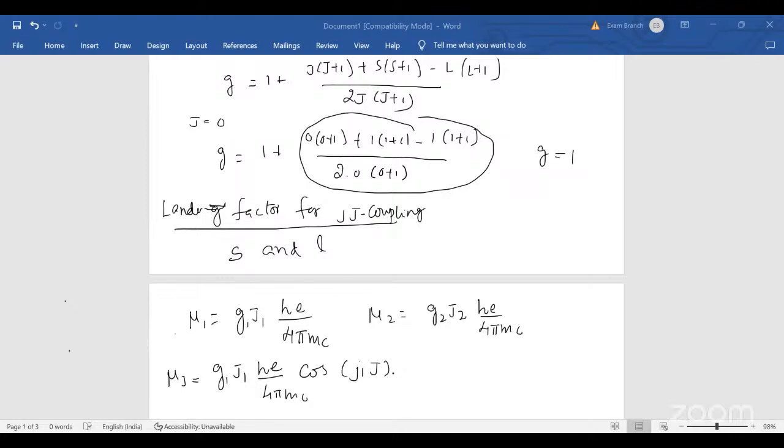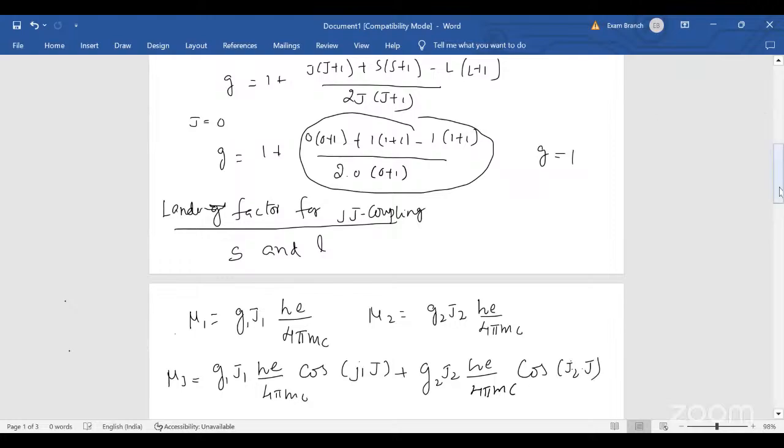Similarly for the second electron, we have g2 J2 eh/4πmc cos(J2, J).